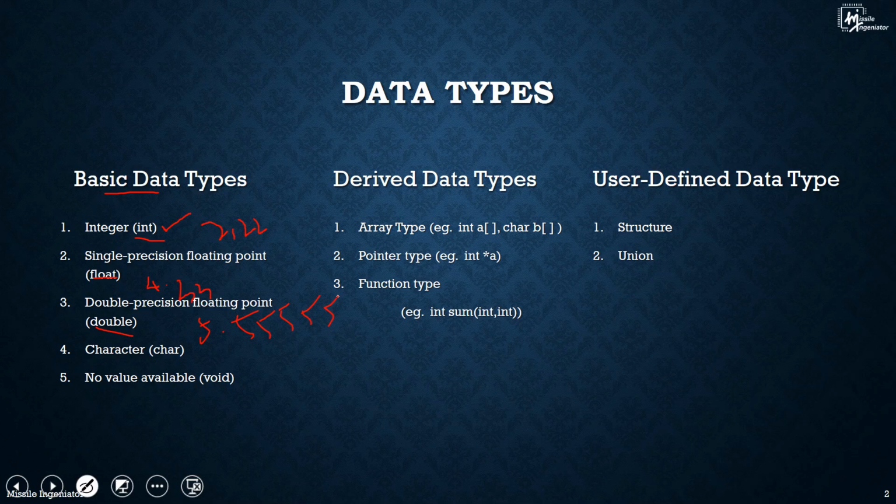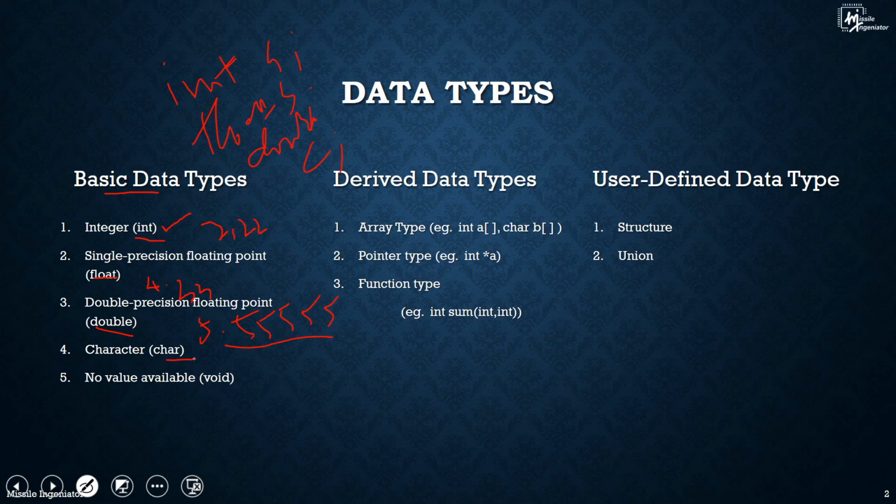To declare, you use int a or float b. To declare a double, you use double as the keyword, and then any identifier. Suppose I am using c. This is how you declare a double. So double is used to store more precise values.